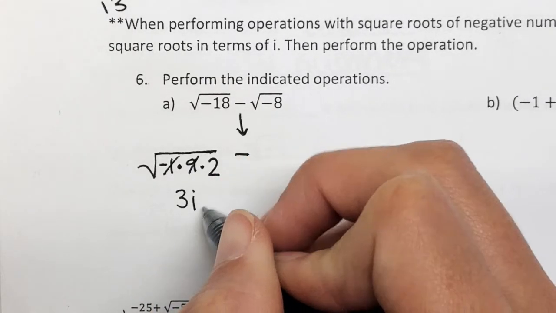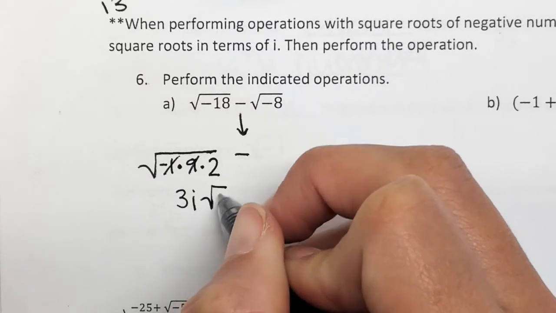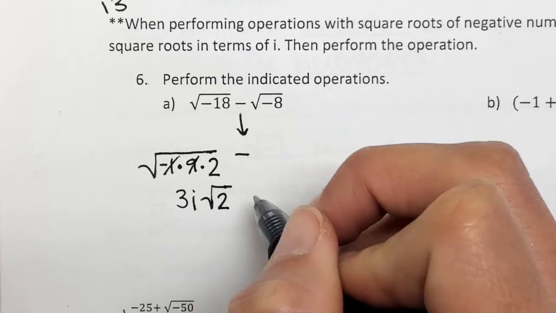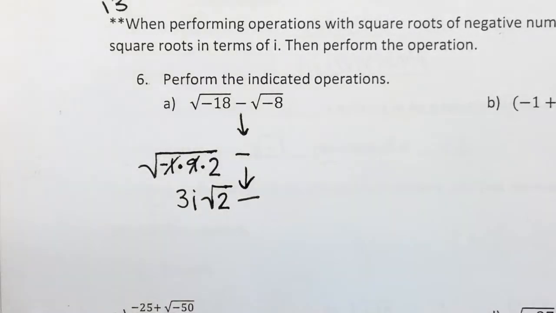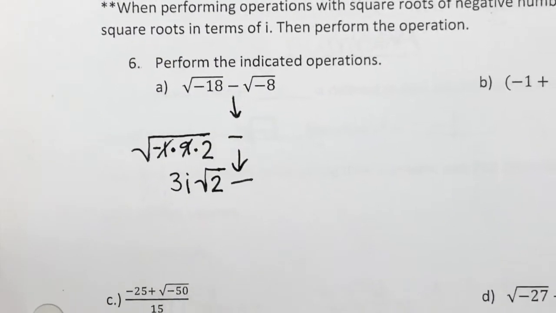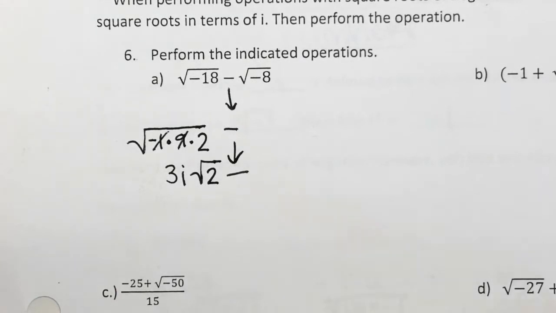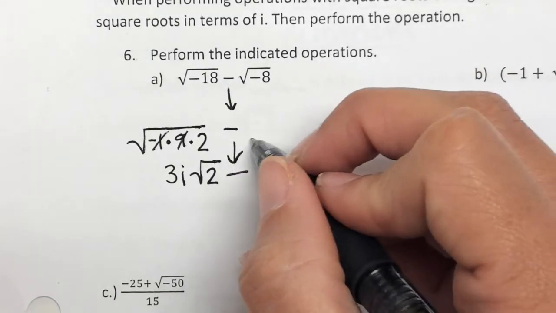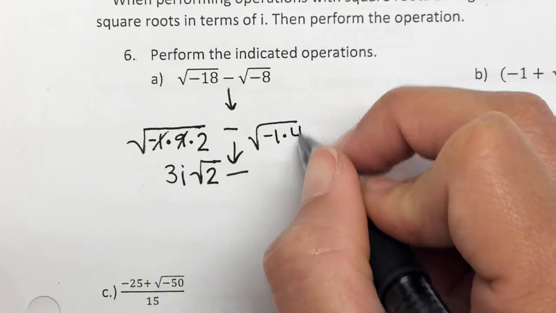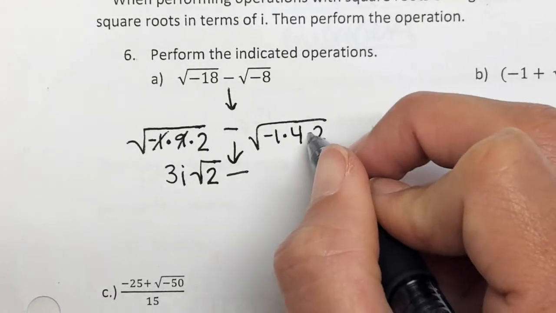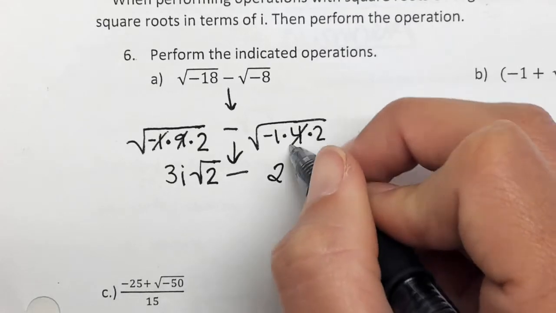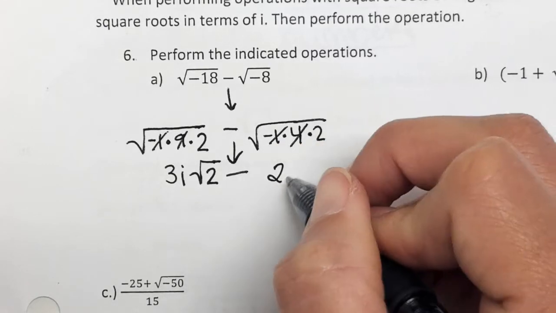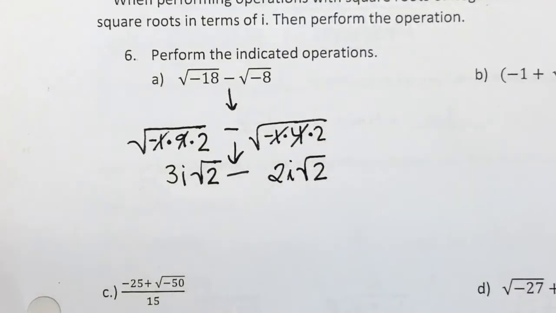We don't really know, so we're going to leave it as what? Square root of 2. Alright, minus, so I'm bringing this minus sign down. What is a perfect square that goes into 8? Good. Negative 1 times 4 times 2. So what's the square root of 4? What's the square root of negative 1? And we leave it as square root of 2.